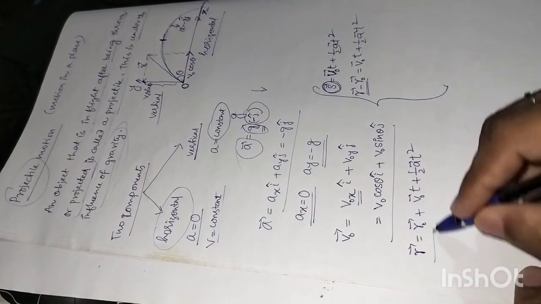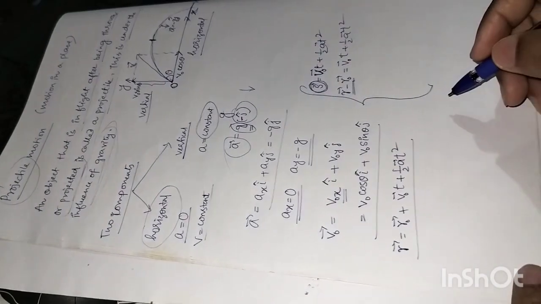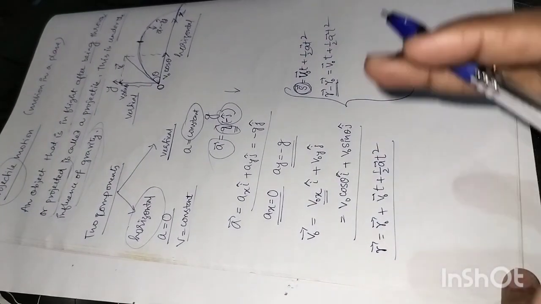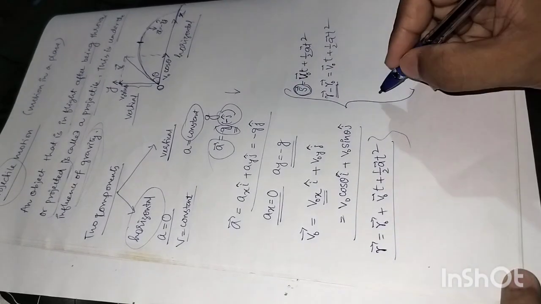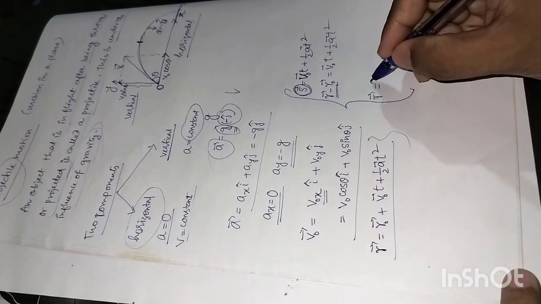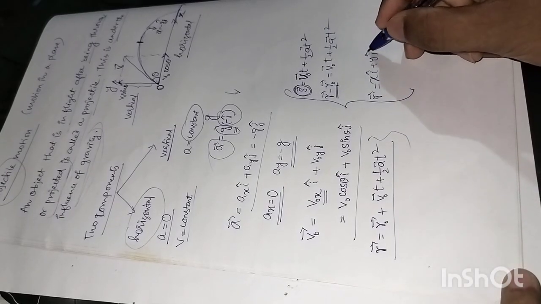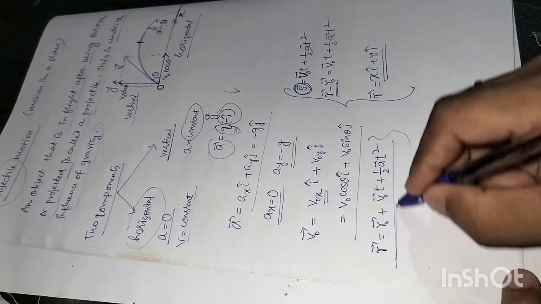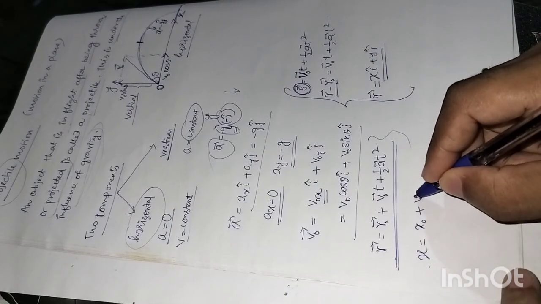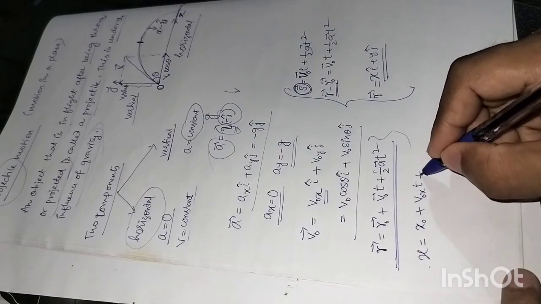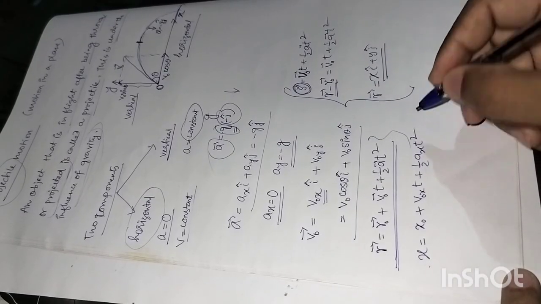Okay, so we can write it like this, putting r naught on the right hand side, then we can resolve this equation into x and y directions. The r is nothing but a position vector, which can be written as x i cap plus y j cap. From this, simply one can write x equal to x naught plus v naught of x t plus half a x t square.